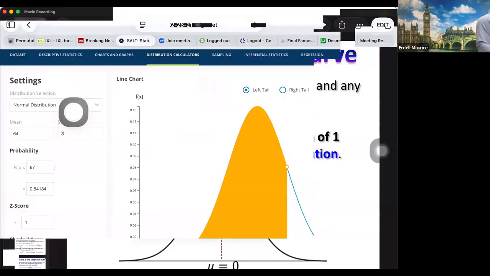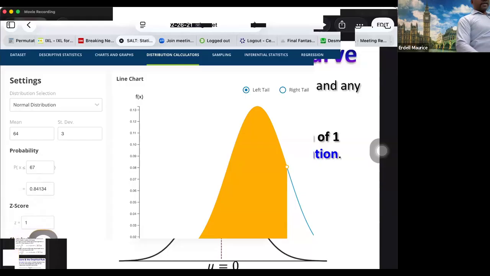You put in the mean of 64 and the standard deviation of 3. I have selected a left tail test, although in this example it's not going to really matter. And then I put the lady's score of 67. Once I've done this, down here you see it calculated the z-score for me. Questions there?